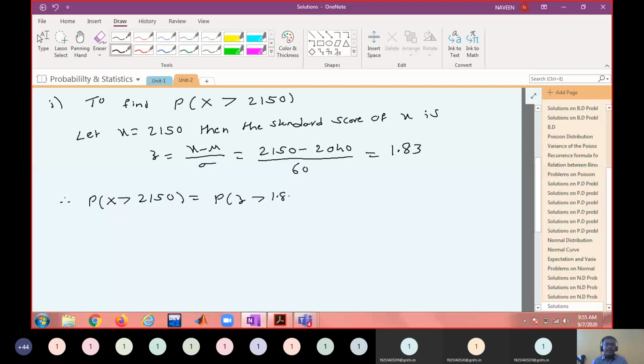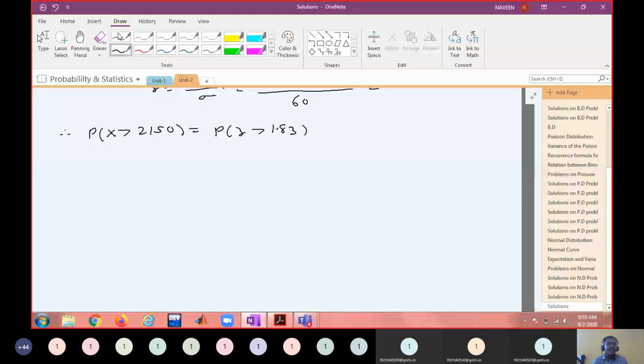Always draw a rough sketch of the normal distribution to understand how to find the probability.